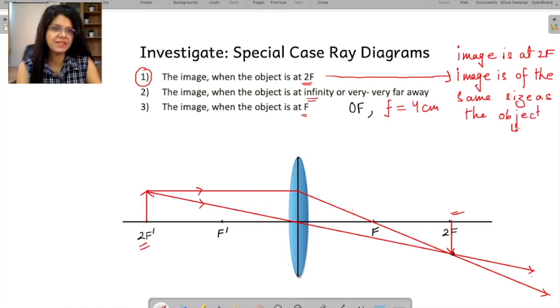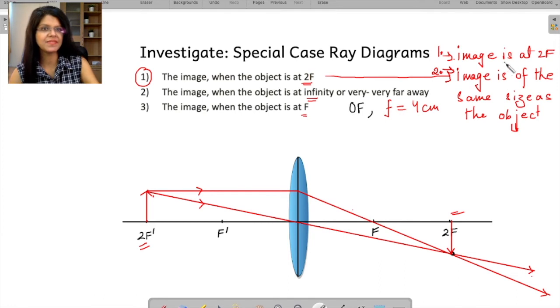That's your finding number 1 and 2. For investigation number 1, when the object is at 2f, the image is also at 2f, and the image length and the object length will be the same.